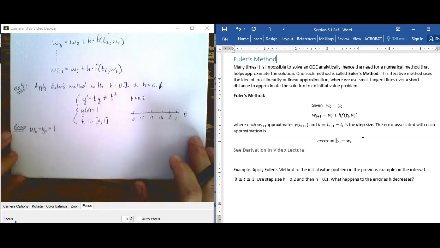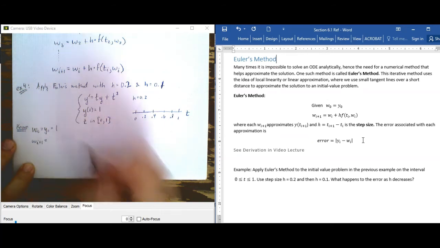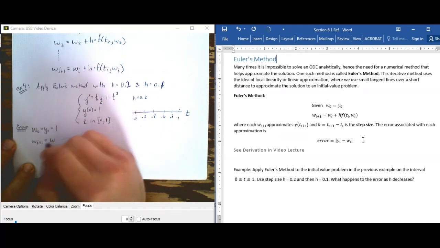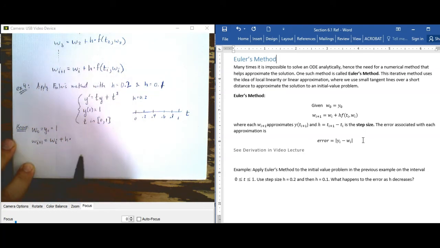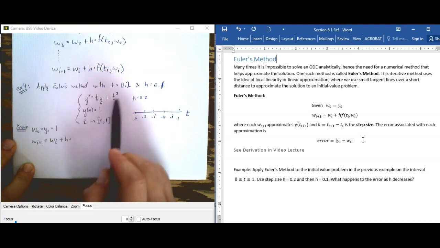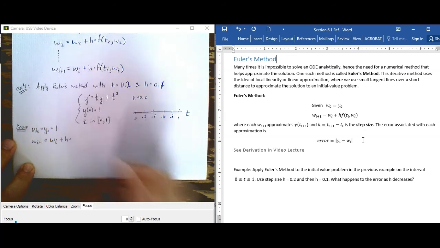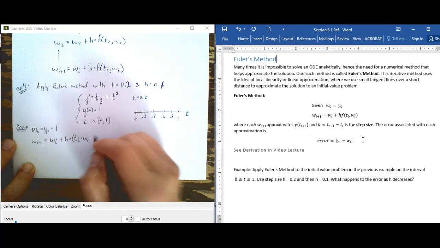So the formula for Euler's method in this problem would be w i plus 1 equals w i plus h times f of t i, w i. So here's our f of t, y function. So that would be t i times w i plus t i cubed.